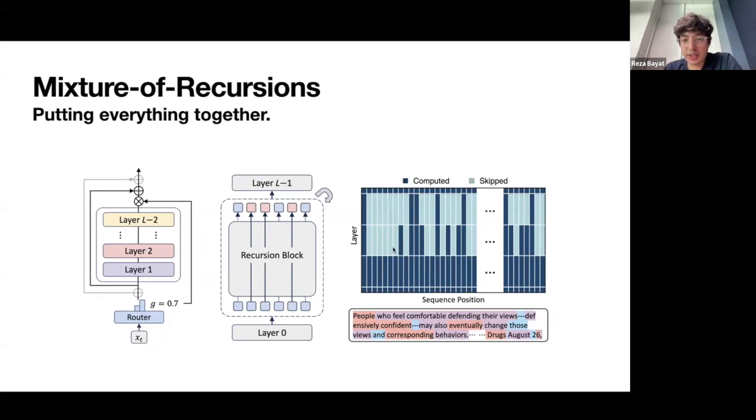So all of these skipped computation steps give us memory efficiency and compute efficiency at the same time, because we are only keeping the KV cache of these selected tokens, and because the context window is smaller, the attention mechanism is much cheaper.